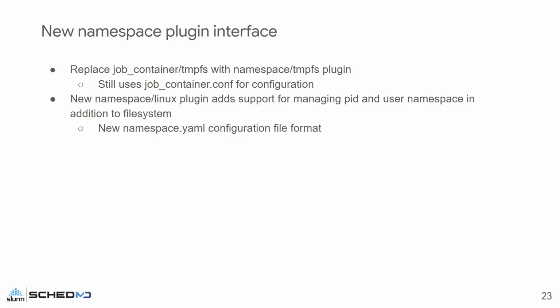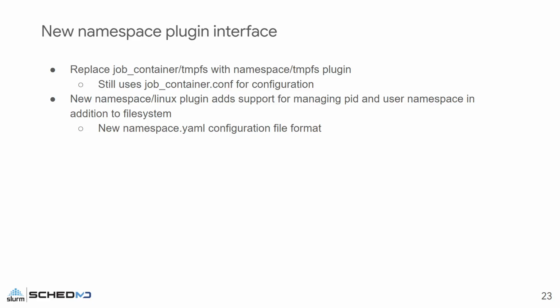The existing Job Container TempFS plugin is still supported, still uses jobcontainer.conf for its configuration file, and has otherwise been renamed to Namespace TempFS. But then we've added a Namespace Linux plugin alongside that, which has support for managing PID and user namespaces as well as file system, and does come along with a new namespace.yaml configuration file with additional options, additional features.